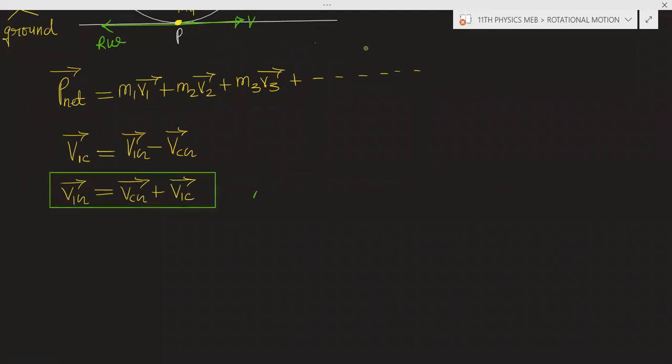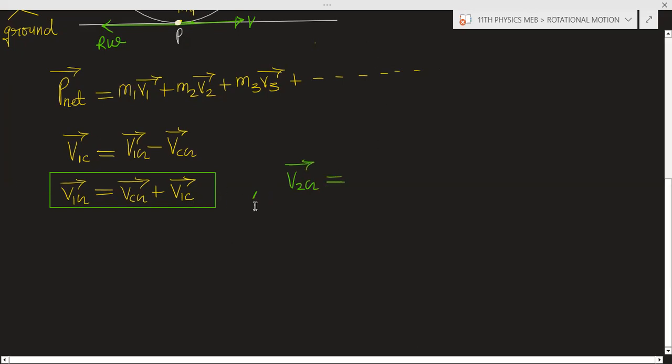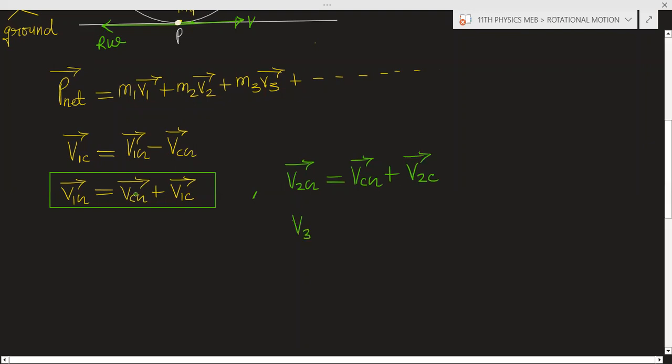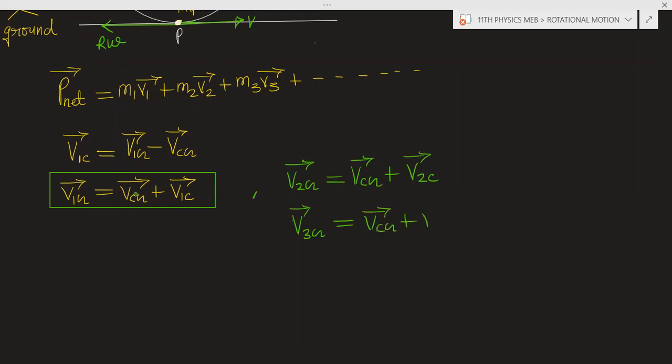For example, for the velocity of mass 2 with respect to ground, first you will write velocity of center of mass with respect to ground, plus velocity of mass 2 with respect to center of mass. Similarly for mass 3, it will be velocity of center of mass with respect to ground plus velocity of mass 3 with respect to center of mass.